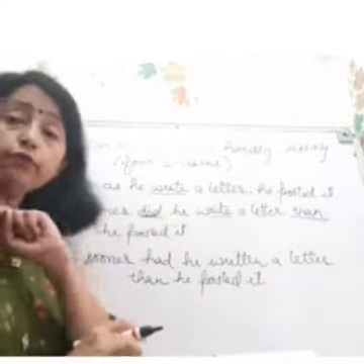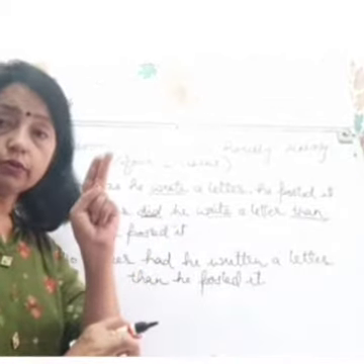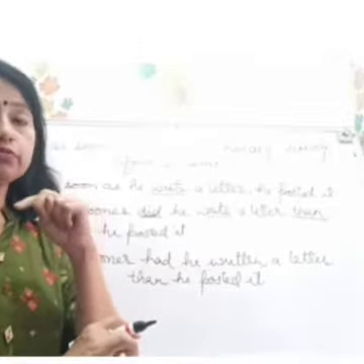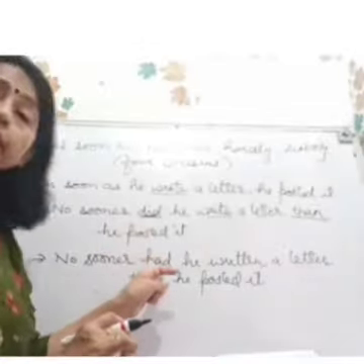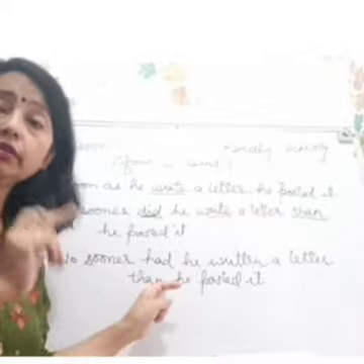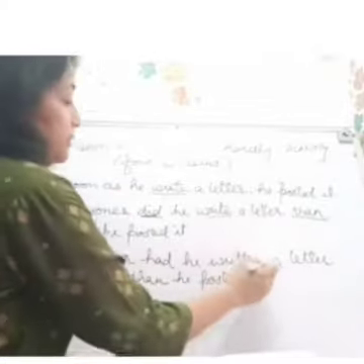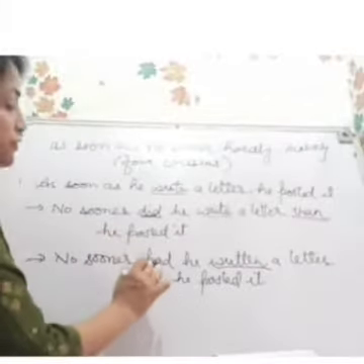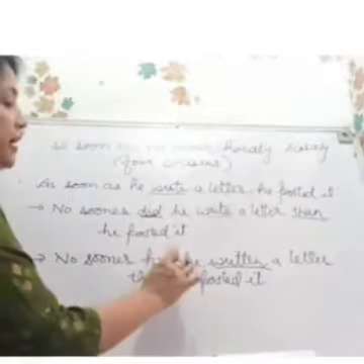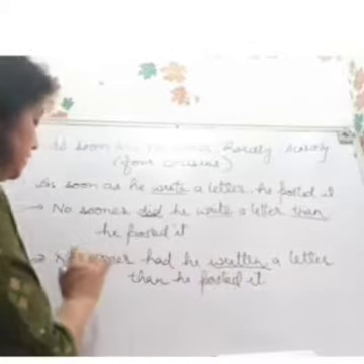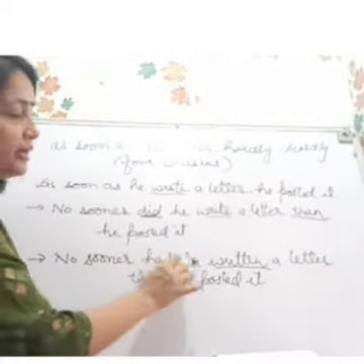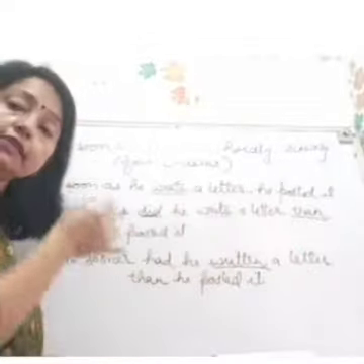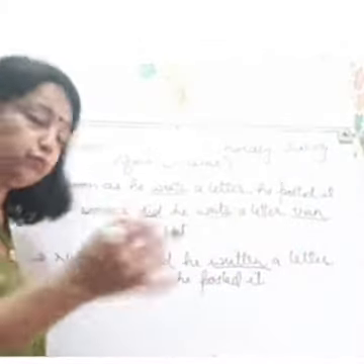The second form of verb is wrote. When you use did, it takes the first form of verb. But had always takes the third form of verb, and the third form of verb is written. So in place of did we have written had and the third form of verb. Now, no sooner had he written a letter, and again the same procedure, the same rule.